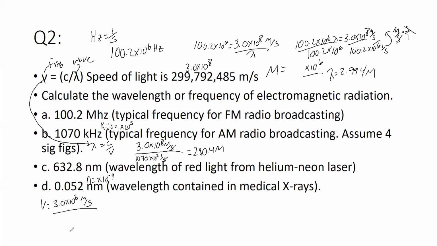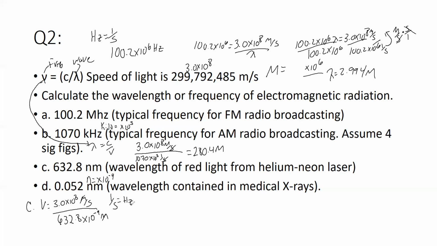Nano is really small. So this is 632.8 times 10 to the minus 9 meters. Our answer here, when we do this, meter on the top, meter on the bottom, will be inverse seconds, or 1 divided by seconds, or hertz. So that's good.